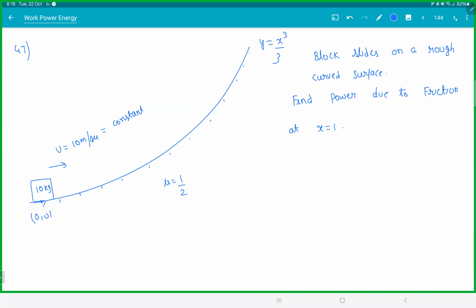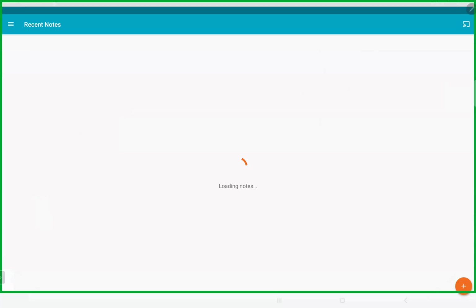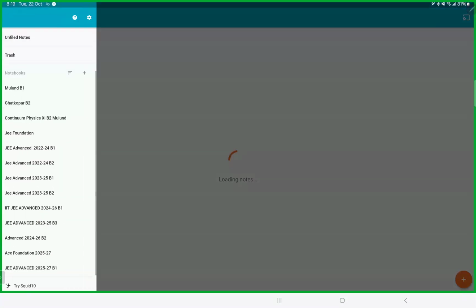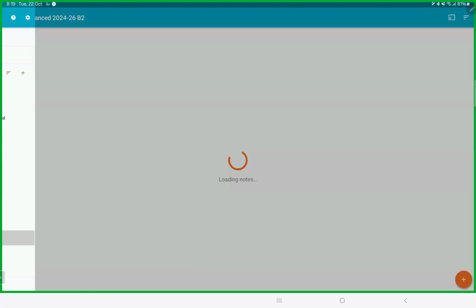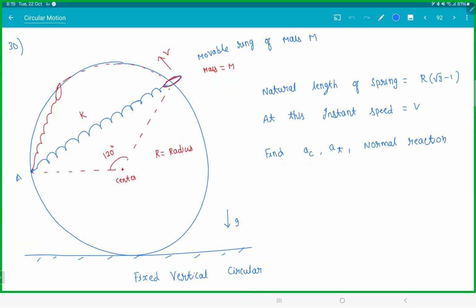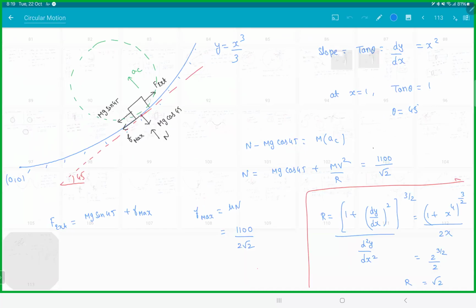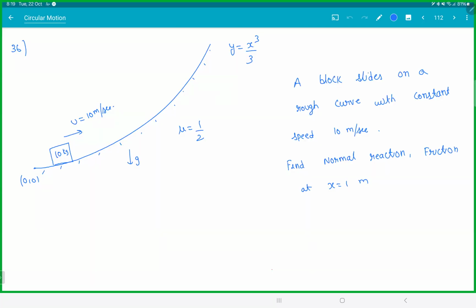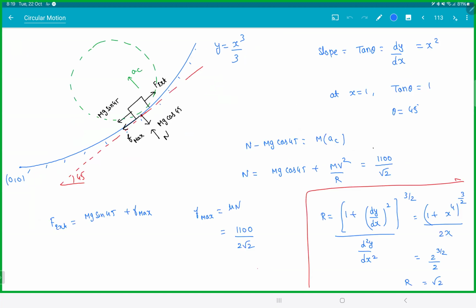Anyone remembers this? Here we have seen this. Isn't this the same question? Didn't we find how to find the friction here? If you know friction, can't you find power? Friction into velocity.